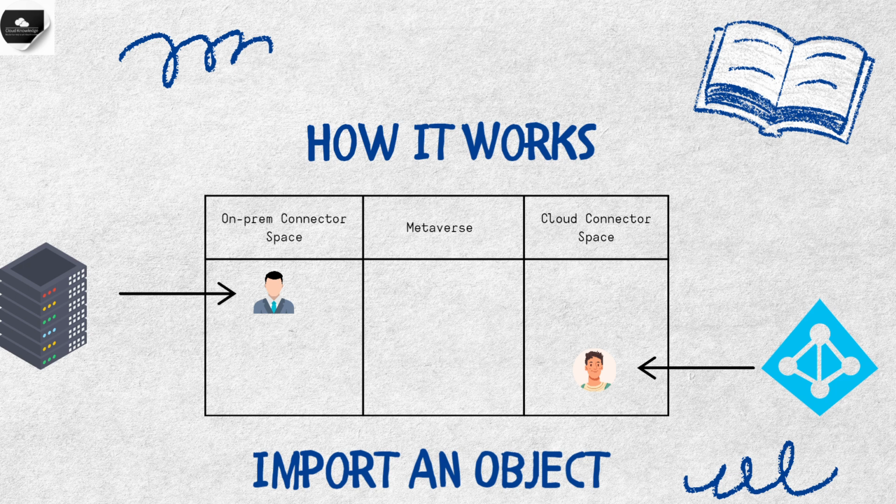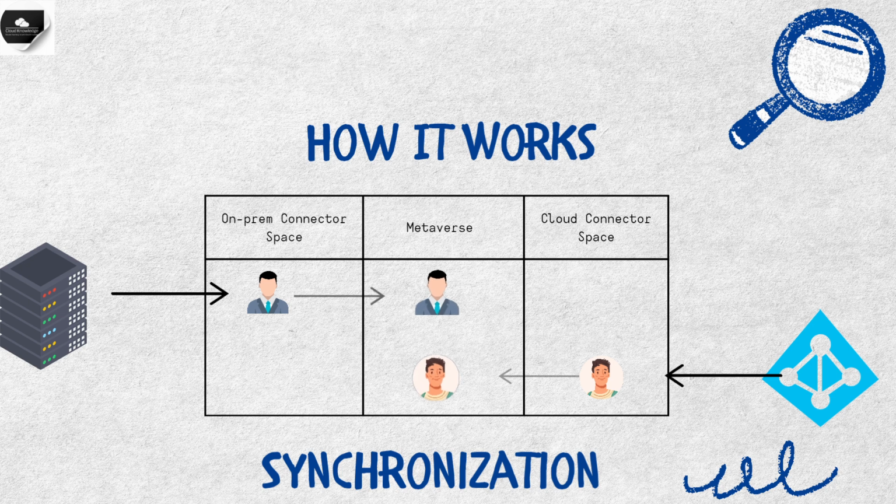A user will be imported from your on-premises to your on-prem connector space, and from Entra, meaning Azure, to the cloud connector space. You can see here the user has now been imported to the connector spaces, okay? Then we will check that it has been synchronized with the metaverse.